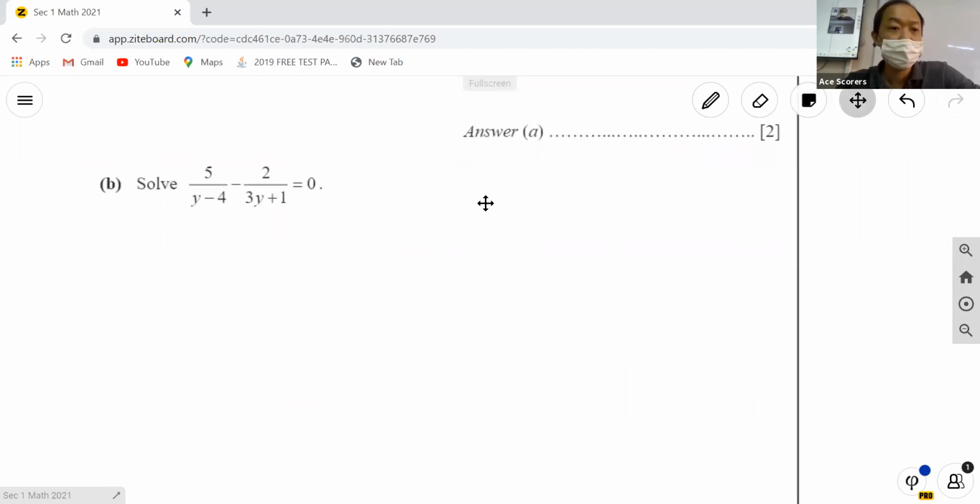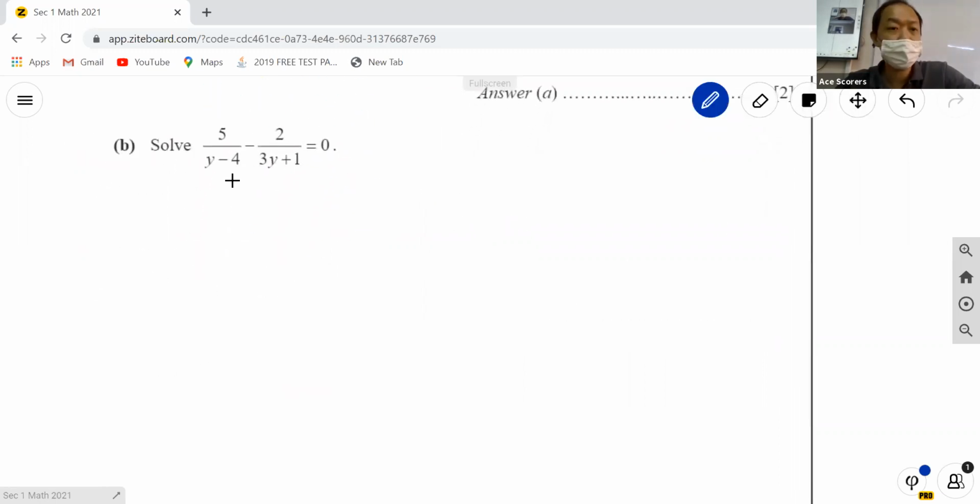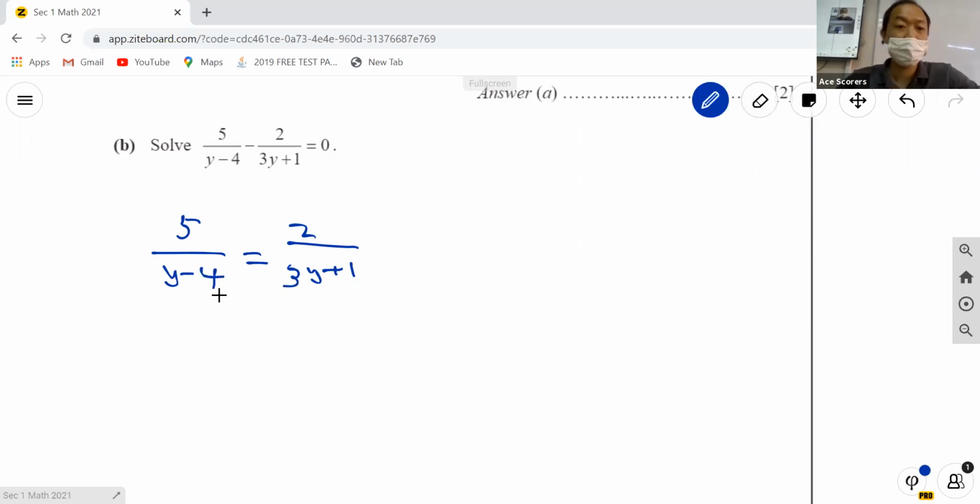Next one, solving. Now solving this, basically you need to find y. The strategy is to put the fraction to the other side. So we get (5y minus 4) over 3 equals (2y) over (3y plus 1) over 4.